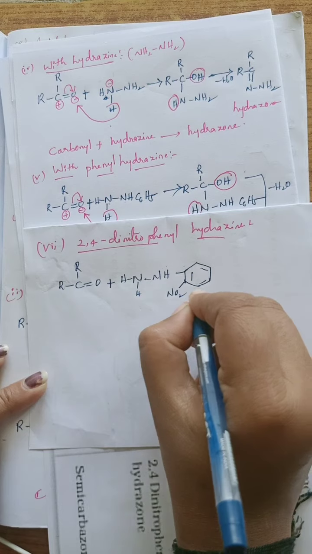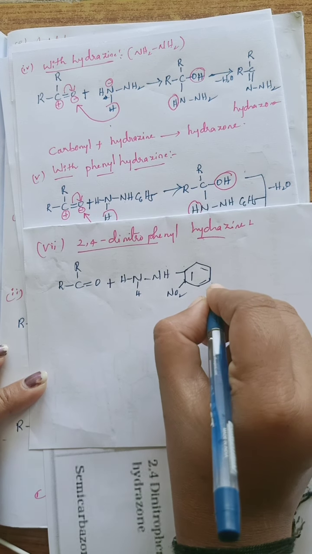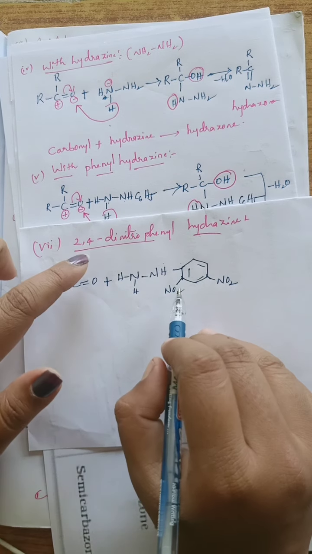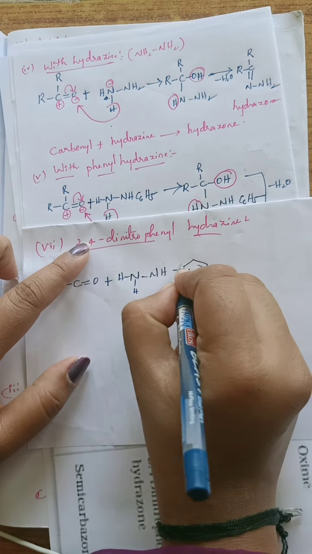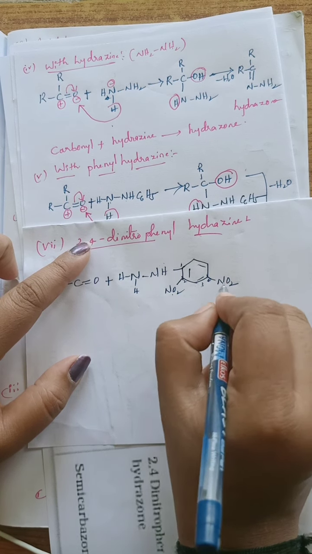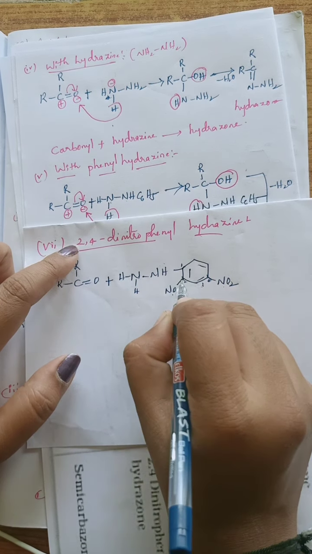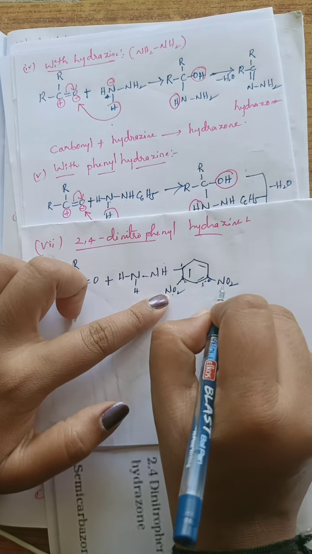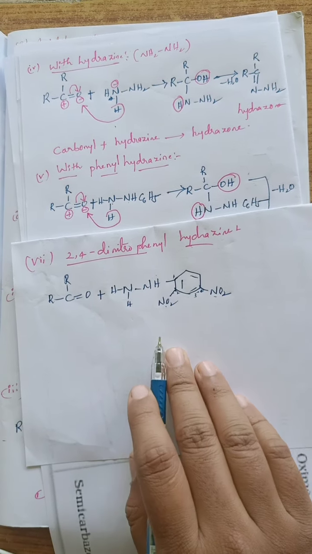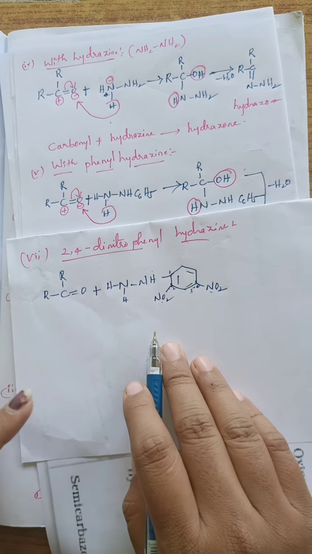This is first, second position NO2, third and fourth. At the fourth position NO2 is present, so we can call it 2,4. At the second and fourth positions NO2 are present. 2,4-dinitrophenyl, and this is hydrazine. Then it is called 2,4-dinitrophenyl hydrazine.